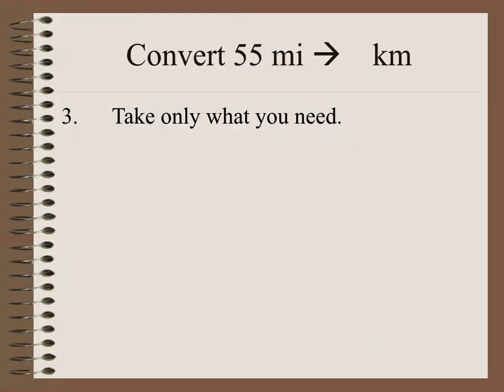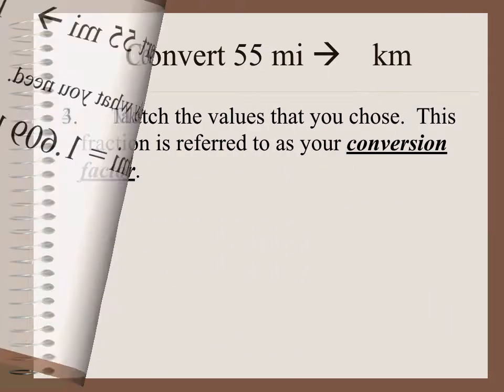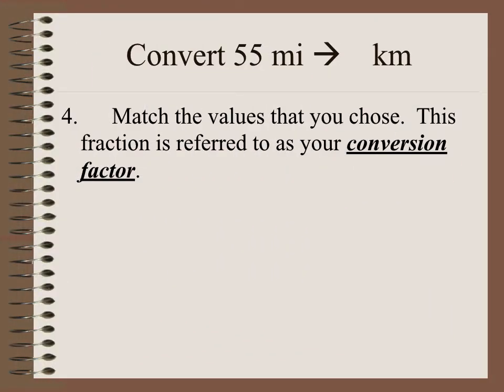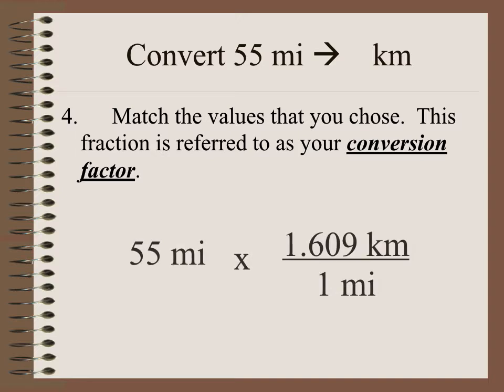That takes us to step 3. Take only what you need. We only need 1 mile equals 1.609 kilometers. Now we match these values that you chose. This fraction with the values in is called your conversion factor.